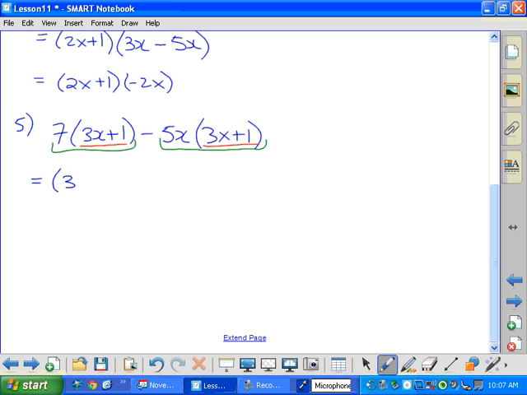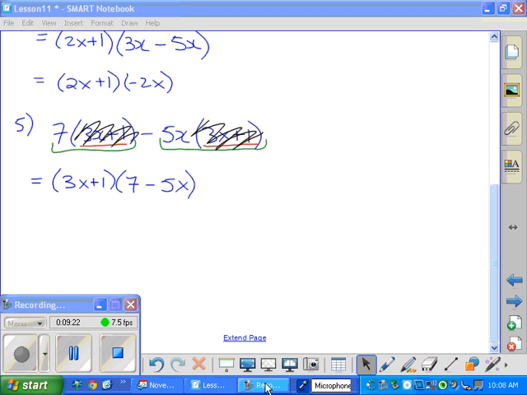So I'm going to take it out. And again, whether you want to do this with your note or not, I took it out. I took it out. So what's left? Well, I have a 7. And I have a minus 5x. This time they're not like terms, so I can't combine them. All right, so there we go. So there's a couple of examples like that that you're responsible for. All right. Moving on.